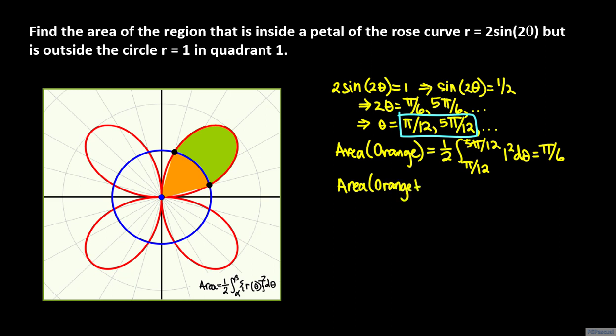Using r equals 2 sine 2 theta for the rose curve, we find that the combined areas of the orange and green regions is equal to half times the integral from pi over 12 to 5 pi over 12 of the square of 2 sine 2 theta.